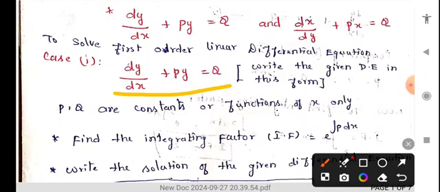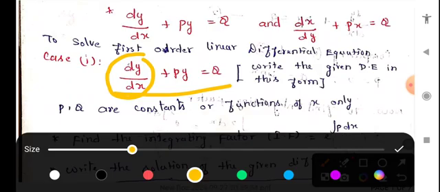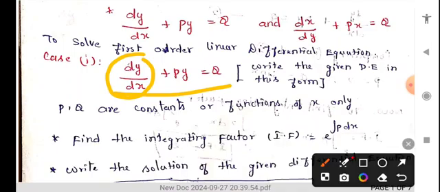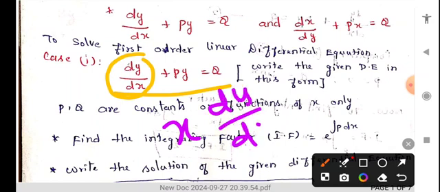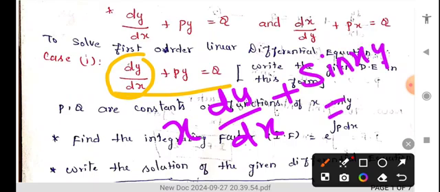Then keep it in your mind: the coefficient of dy by dx must be 1 only. If it is not 1, how can we solve this? For example, it is given as x into dy by dx plus sin x into y equal to x cube.